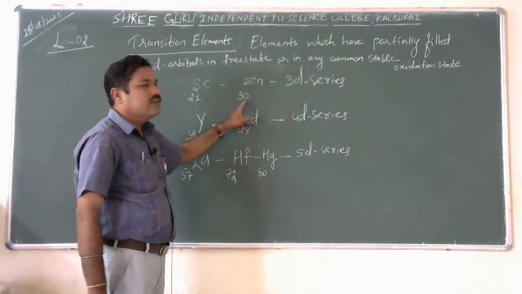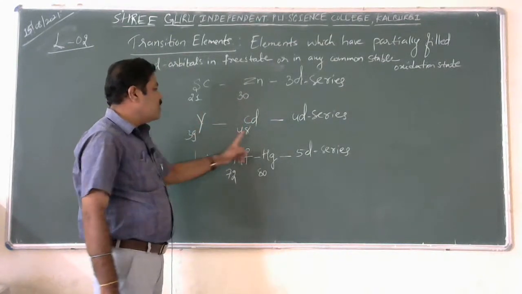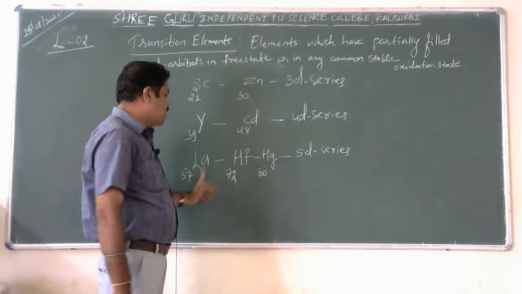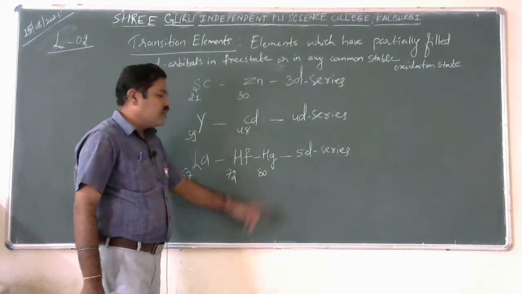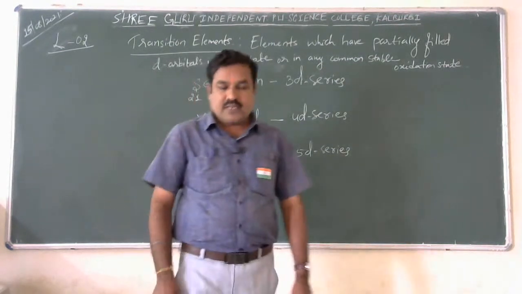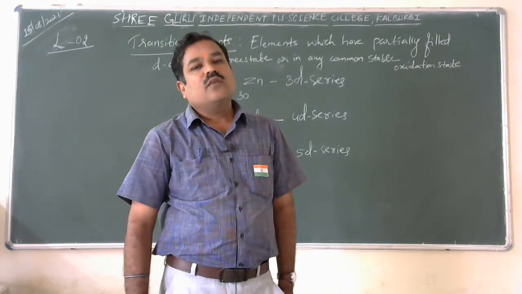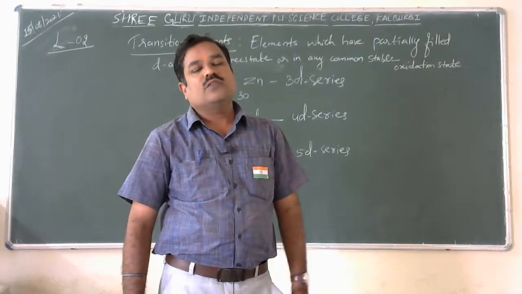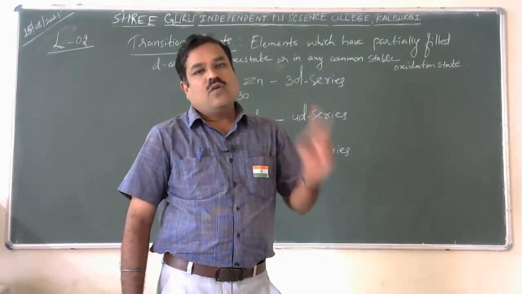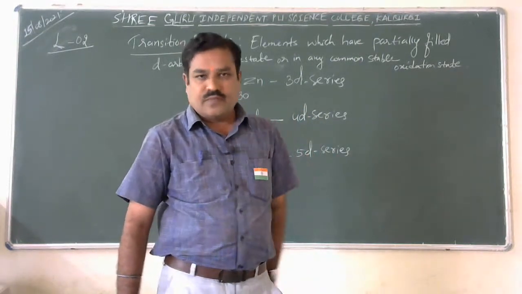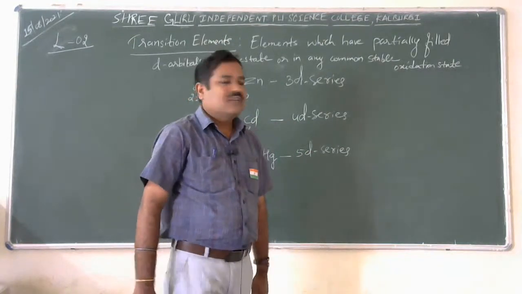Scandium to zinc, 3d. Yttrium to cadmium, 4d. Lanthanum, then there is a gap, hafnium to mercury, 5d. And the 6d series is an incomplete series: atomic number 89, actinium, then atomic number 104 to 112, that is rutherfordium to copernicium.